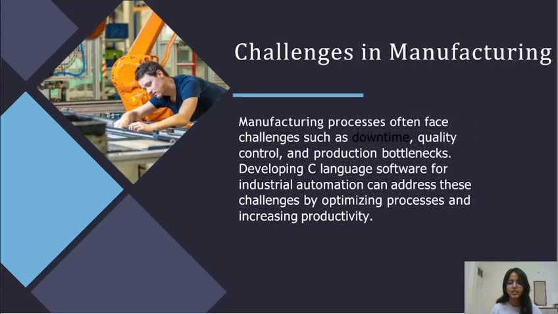Challenges in manufacturing. Manufacturing process often face challenges such as downtime, quality control, and production bottlenecks. Developing C language software for industrial automation can address these challenges by optimizing process and increasing productivity.